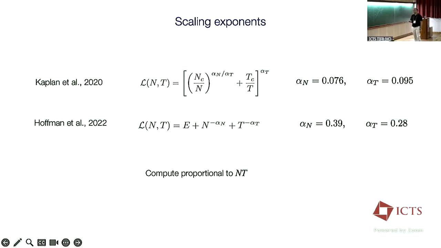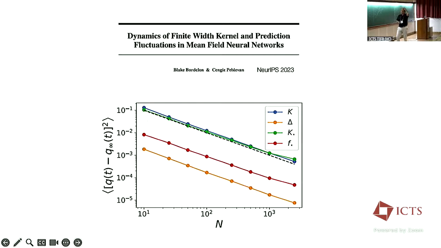Okay, good. We talked about the idea that compute is important and it's proportional to N times T. That's what you're going to care about. Let's keep this aside. There was a question to Andrea yesterday about the rate at which you approach these mean field limits, for things like loss.